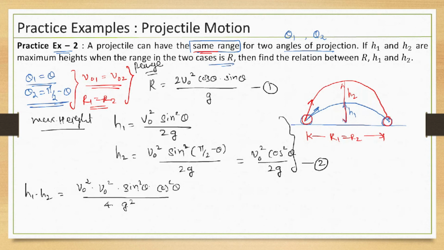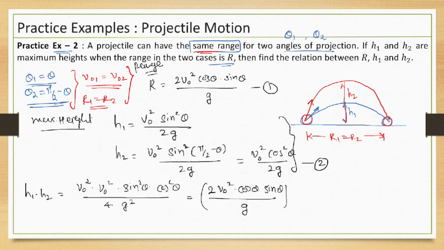Now convert this value in terms of R. What is R actually? 2 v naught square cos theta sin theta upon g. Here 2 is not present, so multiply above by 2 and 2 times.